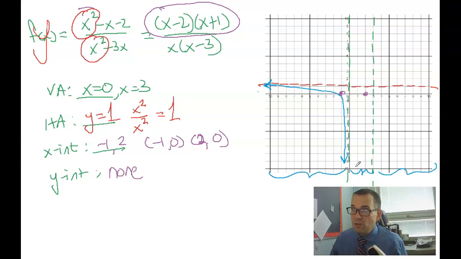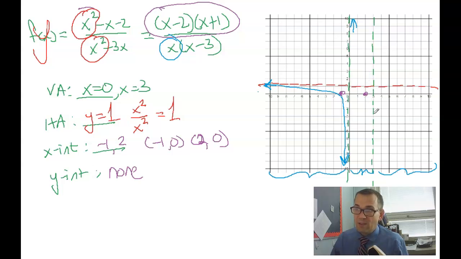In the middle portion, I know I've got to hit this point, but I don't know what's going to happen between here and here. It's kind of hard to tell. So one thing to recognize is that this asymptote of 0 came from this factor, which has an odd multiplicity, which means since the graph is down on this side, it will be up on that side.